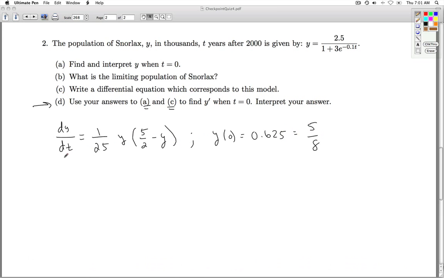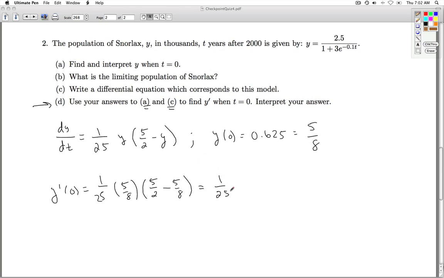So the point is that this logistic equation gives us the derivative at any time t in terms of the population at any time t. So if I want the derivative at t equals 0, I just need to plug in what the y value is when t equals 0, which I already know. So y prime at 0 is 1/25 y at 0, which is 5/8, times 5 halves minus 5/8.